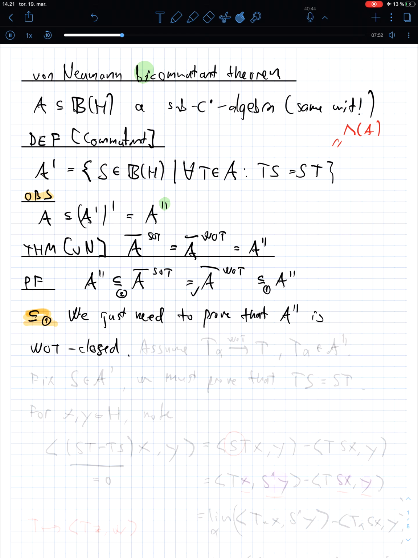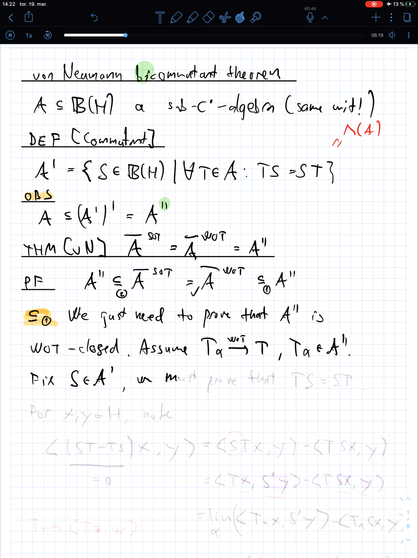And to do this, we can sort of go directly. So assume we have a net T alpha going weakly to T, and T alpha lies in A double prime, and then the goal is to prove that T also lies in A double prime. So fix some S that lies in A single prime.